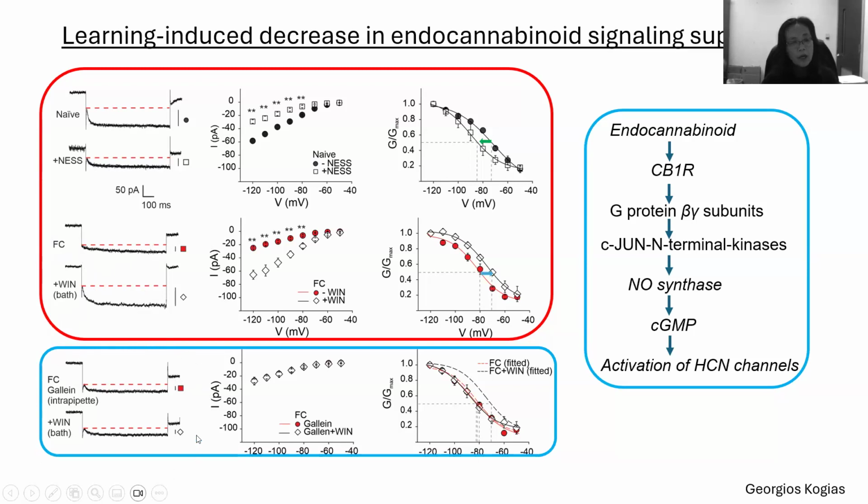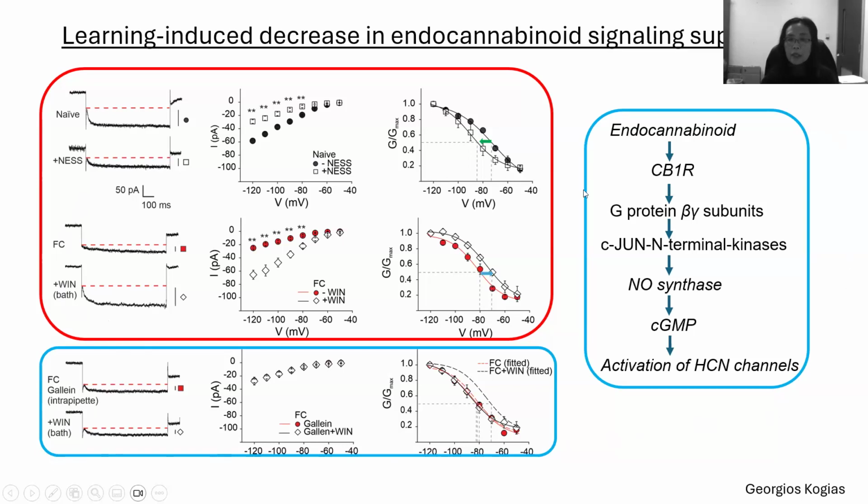He then included a G beta gamma subunit inhibitor, gallein, in the patch electrode and repeated this experiment. This inhibitor completely blocked the increase in the IH currents upon the application of WIN.